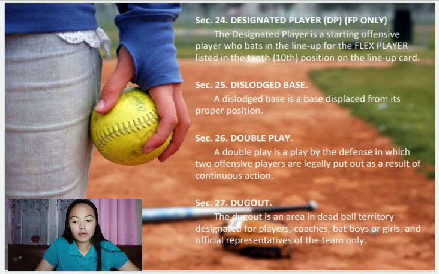Next is section 27, the dugout. A dugout is an area in dead ball territory designated for players, coaches, bat boys or girls, and official representatives of a team only. So, there shall be no smoking in this area.